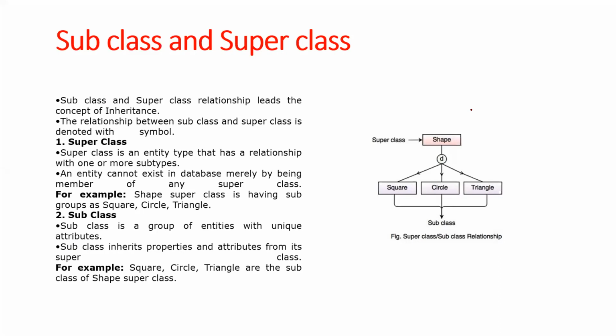From this picture, the superclass is shape, and the subclasses are square, circle, triangle. Here we define a shape method in the superclass. This shape method we are inheriting in the subclasses to draw different shapes, so the characteristics of these subclasses are different.